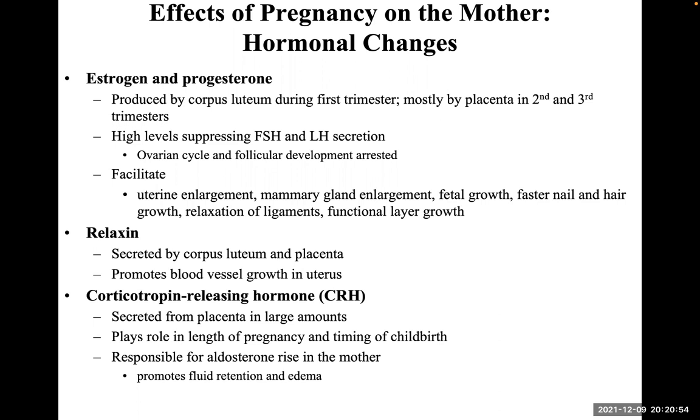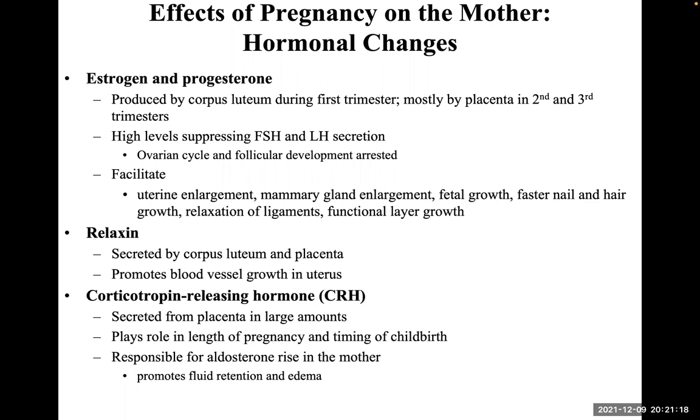In addition to allowing for communication between fetus and maternal blood supply for things like nutrients and gases, the placenta secretes a lot of hormones. Amongst those are estrogen and progesterone. Estrogen and progesterone levels during pregnancy remain high and just continue to get higher and higher.